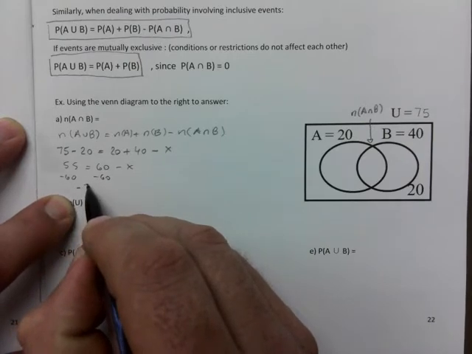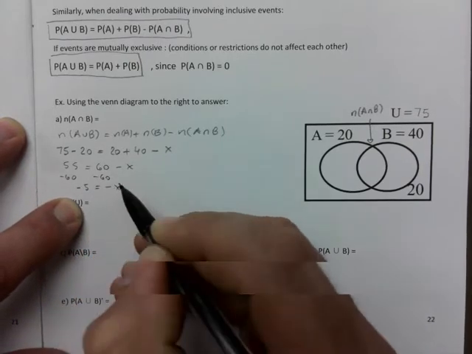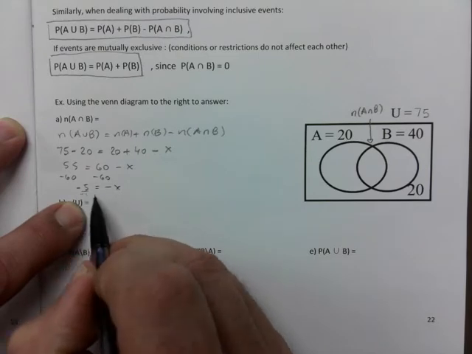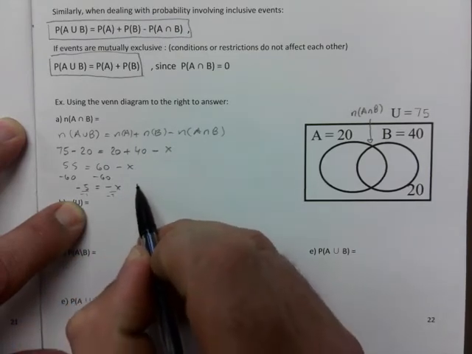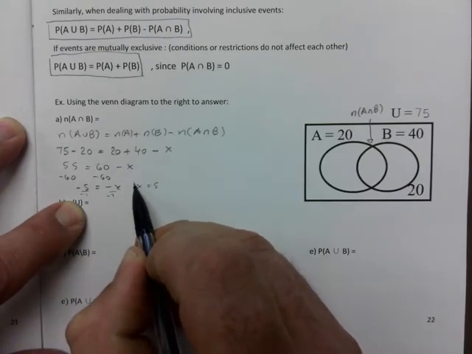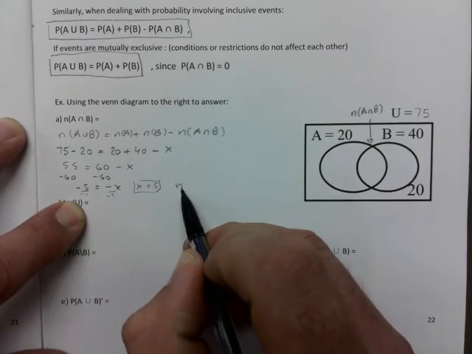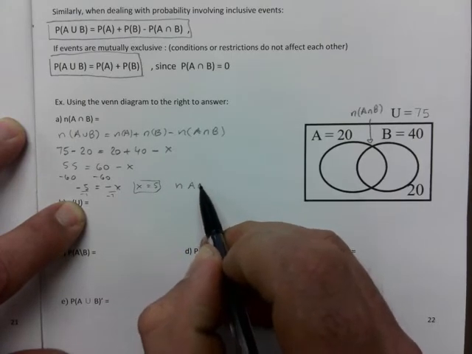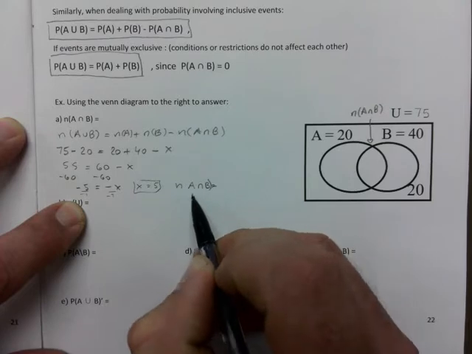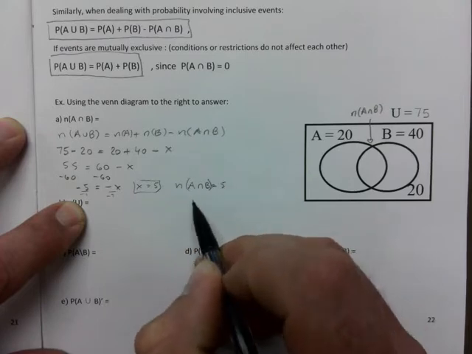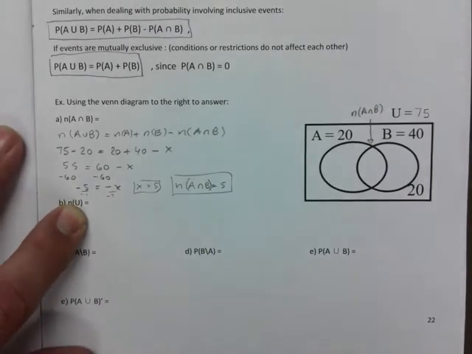That gives us -5 is equal to -X, which if you divide both by -1, X is equal to 5. So we found that N of A intersect B is equal to 5, if you want to answer it properly.